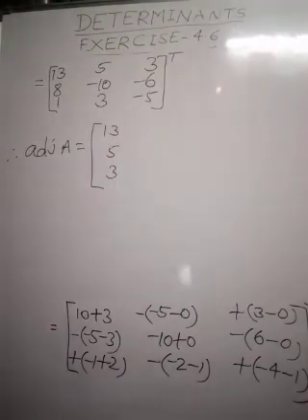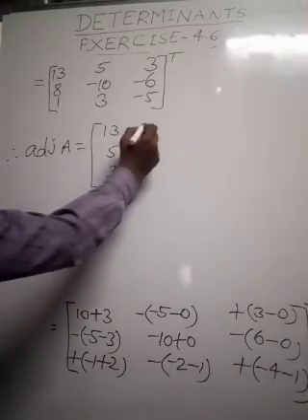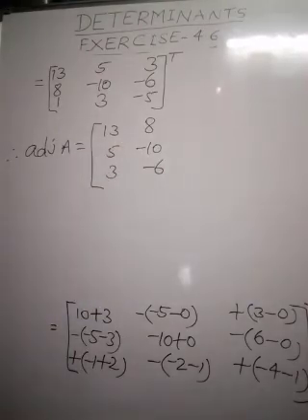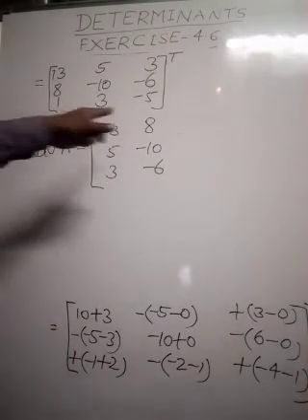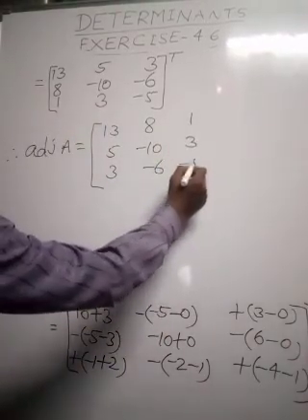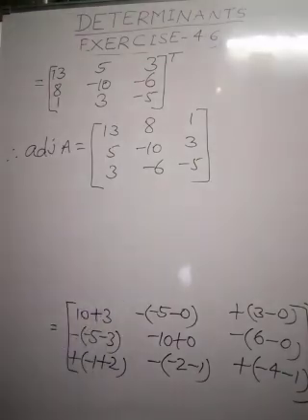Then we write the second row as a second column: 8, minus 10, minus 6, isn't it? Now write the third row as a third column: 1, 3, minus 5. Finally, this is the adjoint A.